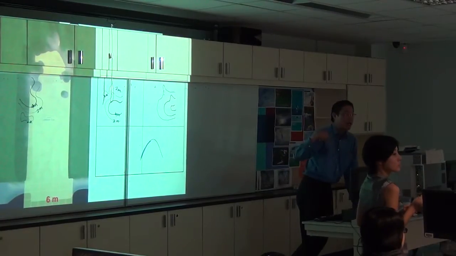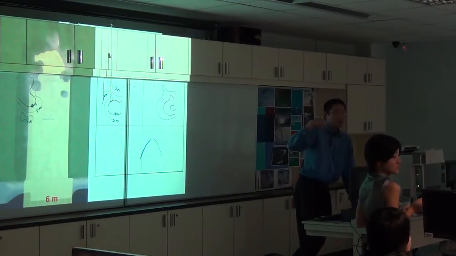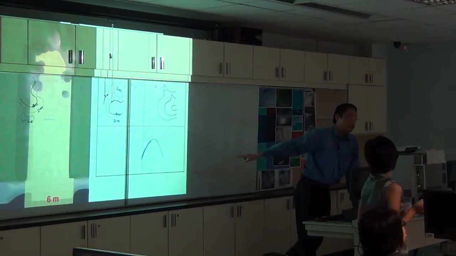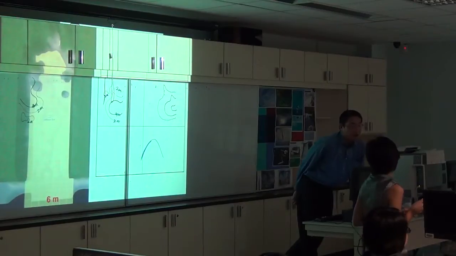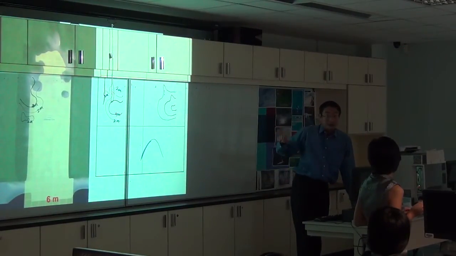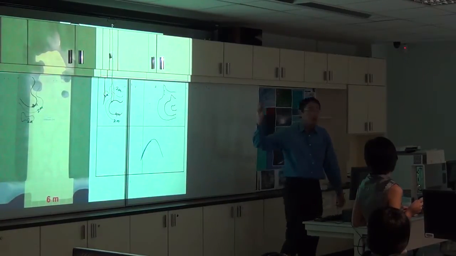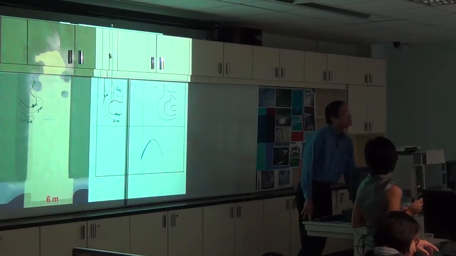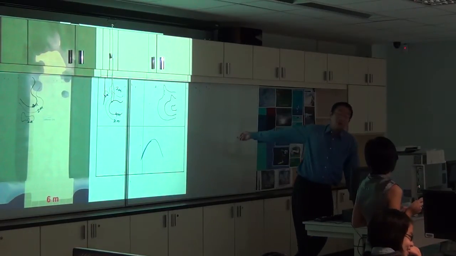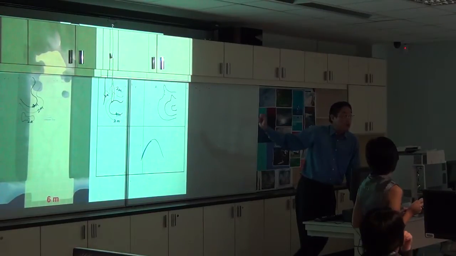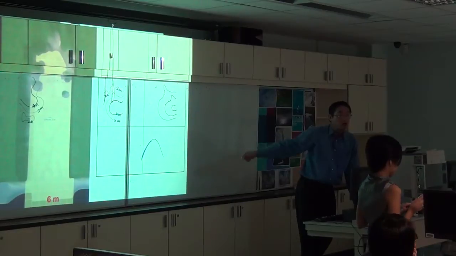So let's try this again. As a chorus answer, 100%, 3, 4, 3, 5, 7. If the lines are far apart, that means the slope is gentle, and vice versa. So what we are trying to do with today's lesson, because you get to see both the 3D and the 2D view, is help you understand why it is like that.